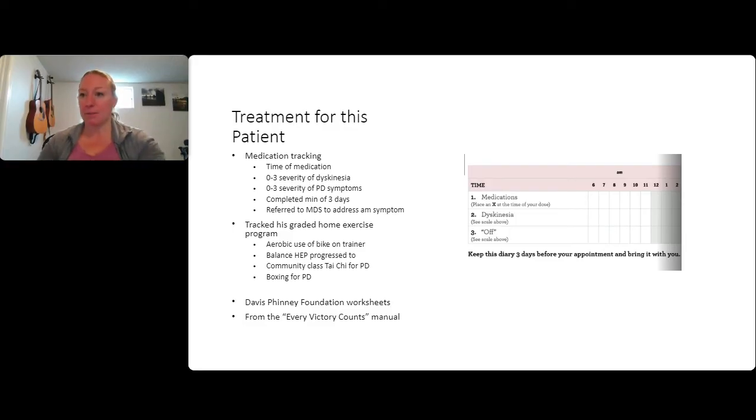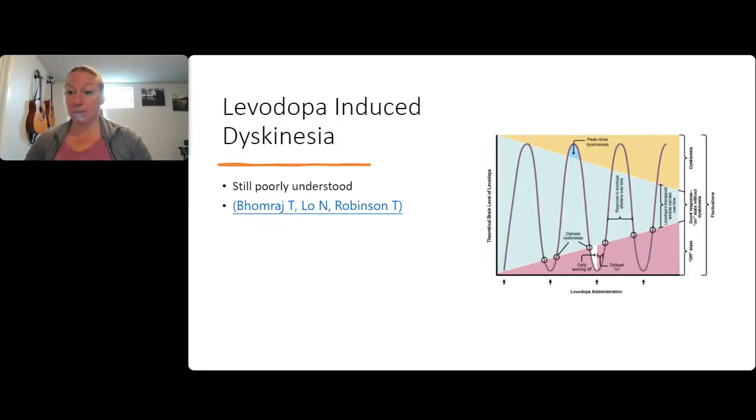So oftentimes we have to do some problem solving with them so that they're in tune with what their symptoms are. And basically what we found with this individual was that he was having more severity of his symptoms early in the morning, and taking some rescue medications that are inhaled forms of carbidopa, levodopa.